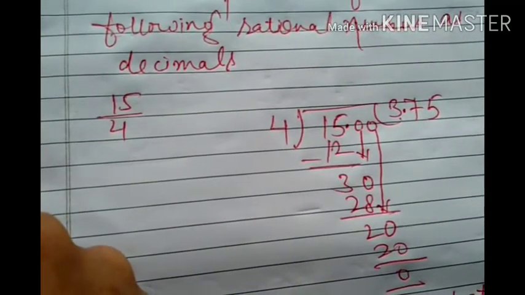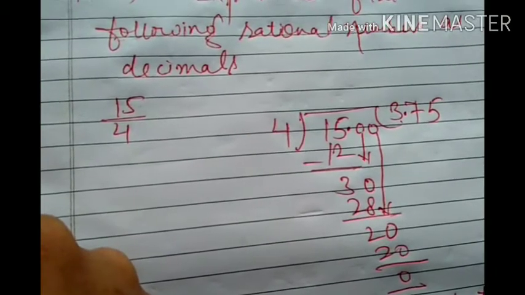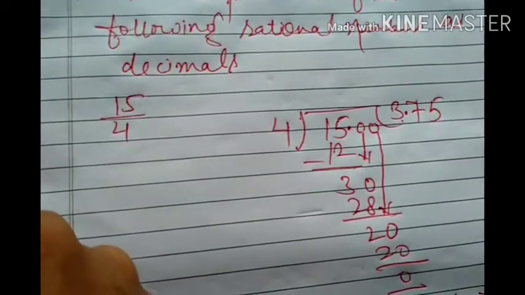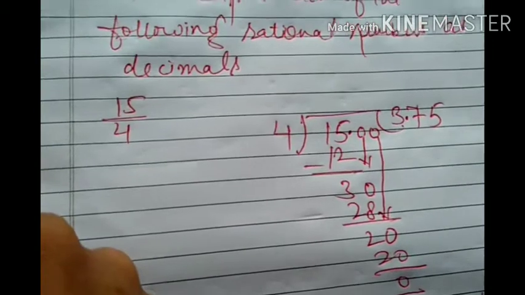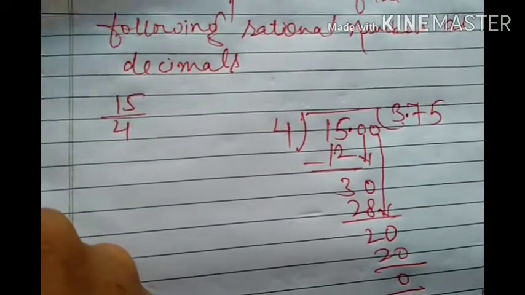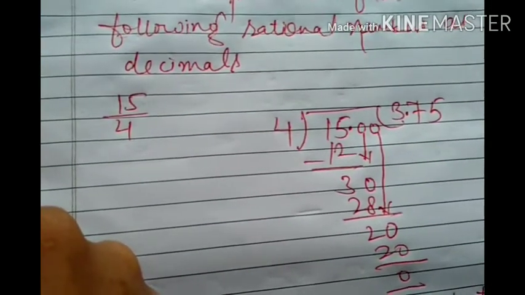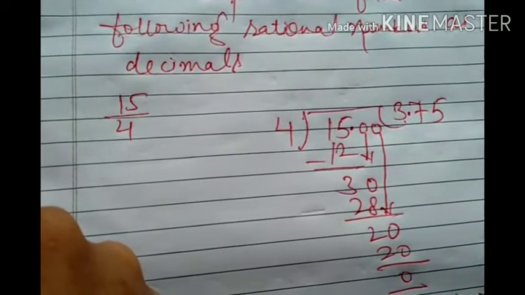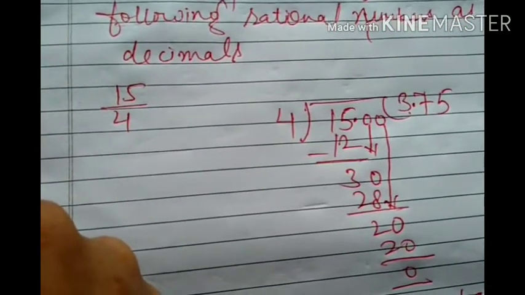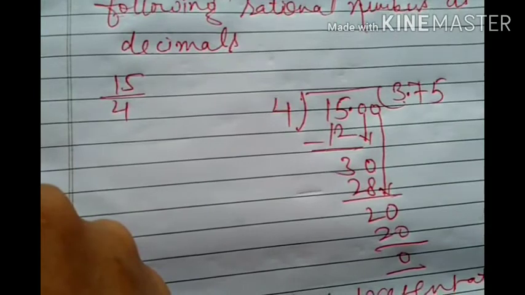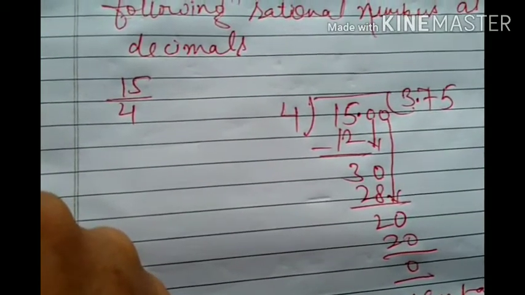As soon as you take 0 as carry, put a point in the quotient after 3, put a decimal, then recite the table of 4 till 7, 4 sevens are 28, and subtract, you are getting 2. Again take 2 as carry, then recite the table of 4 till 5, 4 fives are 20, now you are getting remainder as 0.